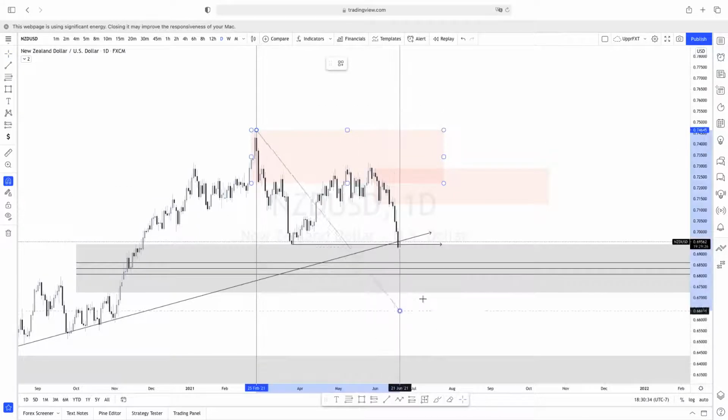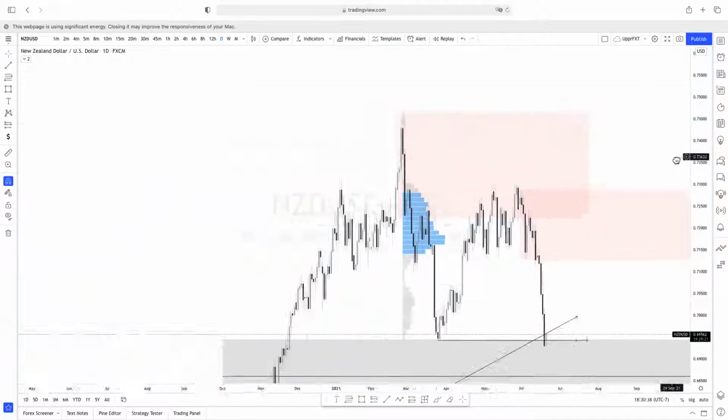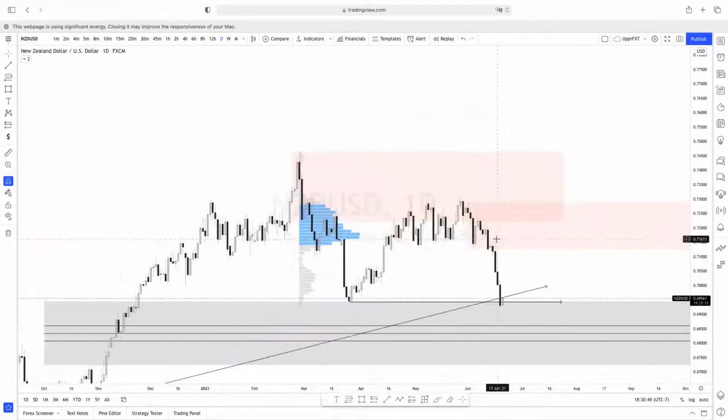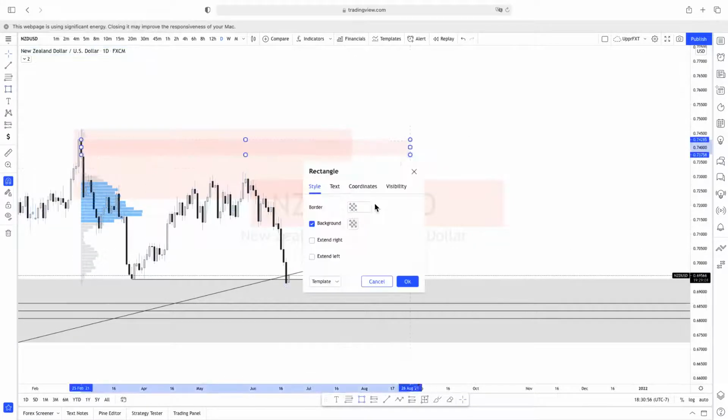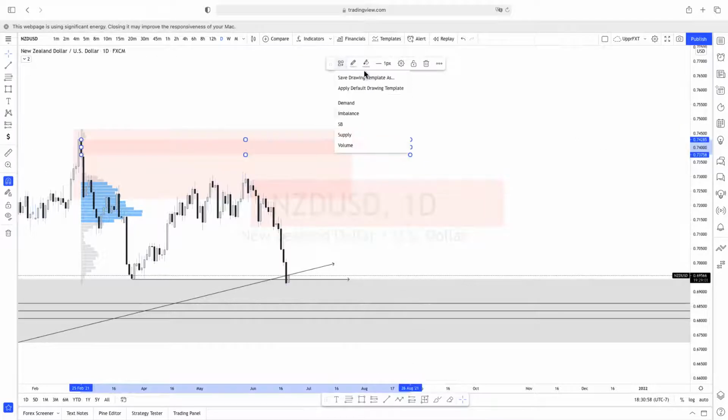Fixed range, right? Take this overall move. If this doesn't hold, there is a lot of volume in this area overall. So this is a valid supply zone, but overall, there is low volume in these areas that you can't really see.